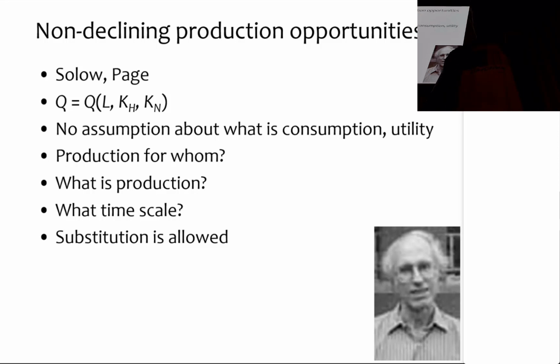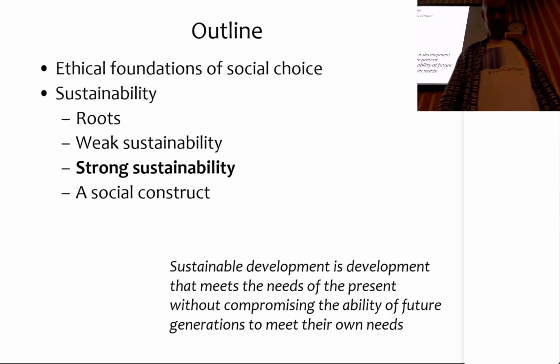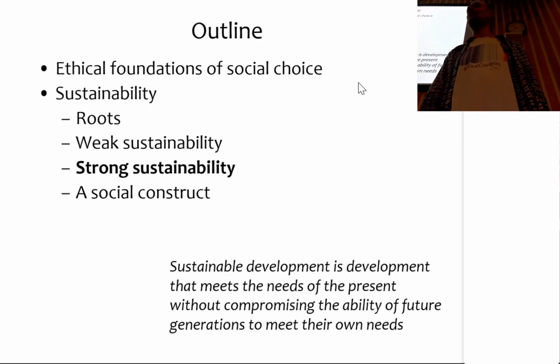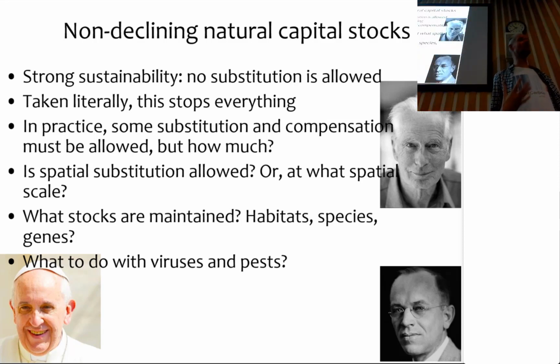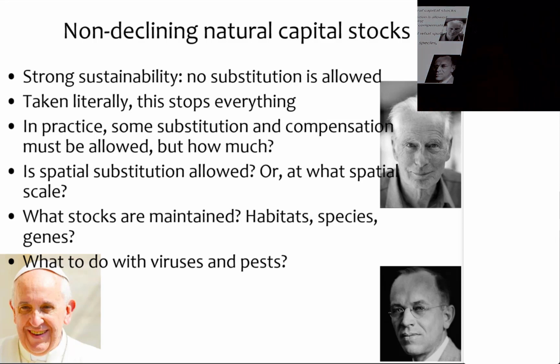Now, those are the weak definitions of sustainability. Not surprisingly, there's also strong definitions of sustainability, and they take issue particularly with this assumption of substitution. And if we take the strongest definitions of sustainability, then natural capital should stay intact.